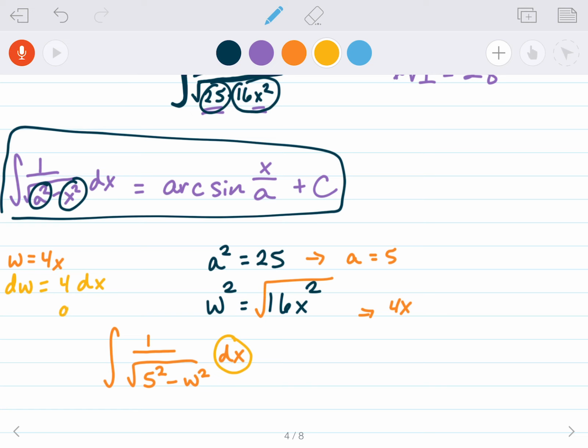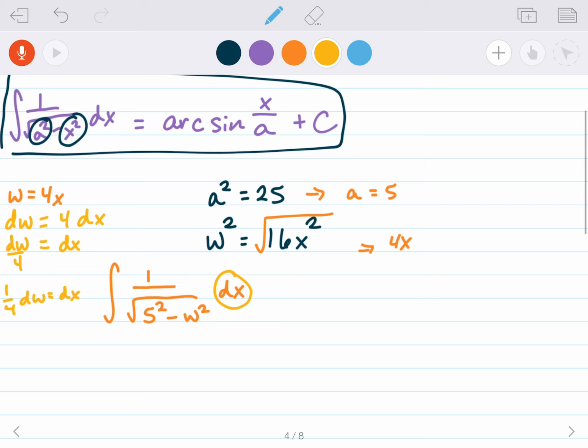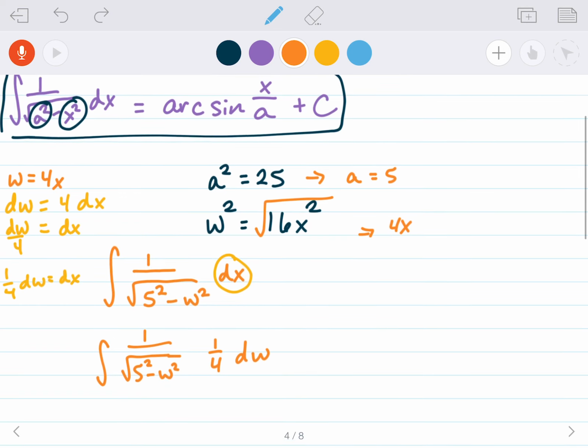Divide both sides by 4 to give me dx is equal to dw over 4, or 1/4 dw equals dx. Okay, so let's replace that in our problem. We have 1 over the square root of 5 squared minus w squared. Instead of dx, we want to integrate with respect to w, so we replace dx with 1 over 4 dw. Now I can pull out that 1 over 4.